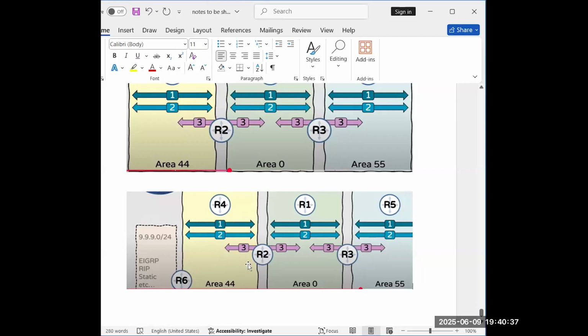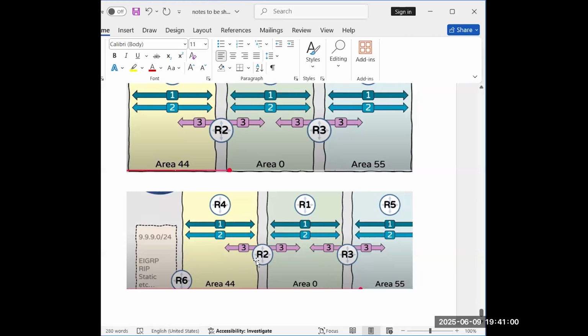Also, is there a specific router in any topology that has type 4? No, there's no specific router in the topology which exclusively has a type 4 LSA. Type 4 LSA is not necessarily generated by all the routers.